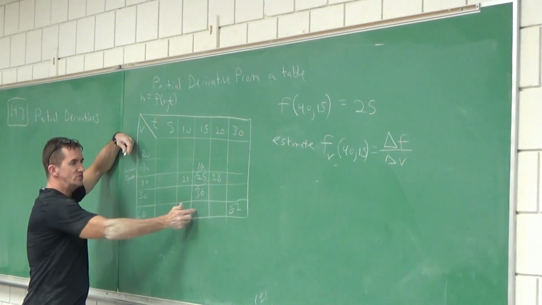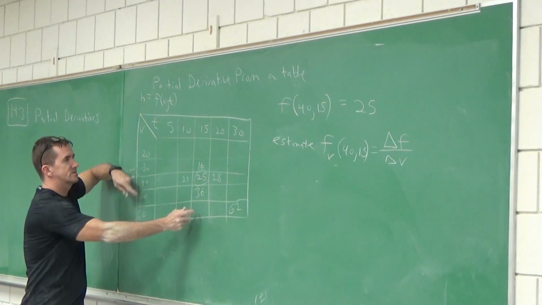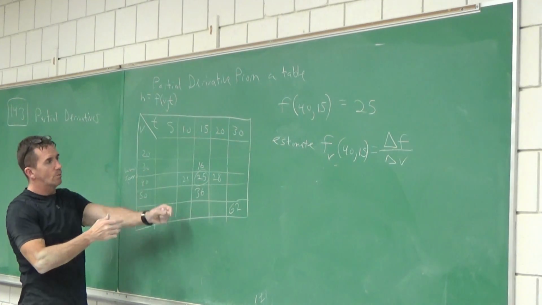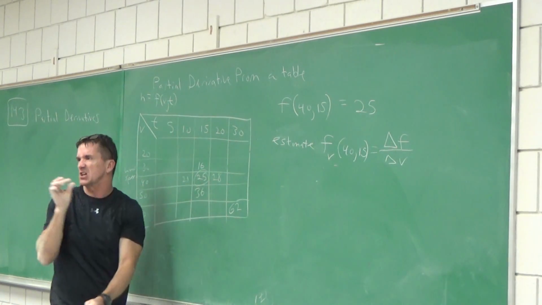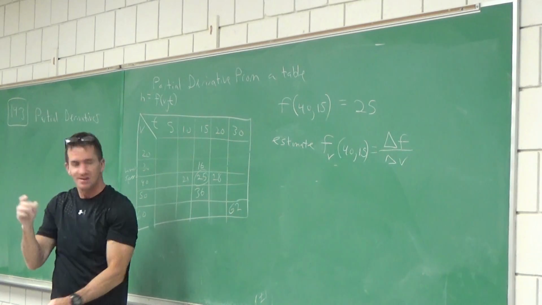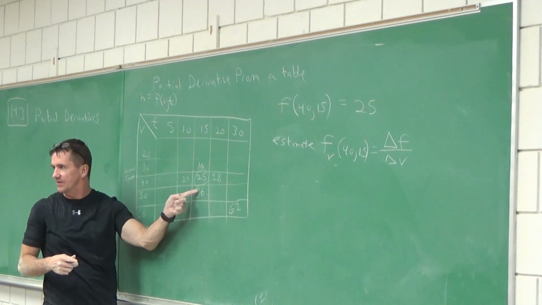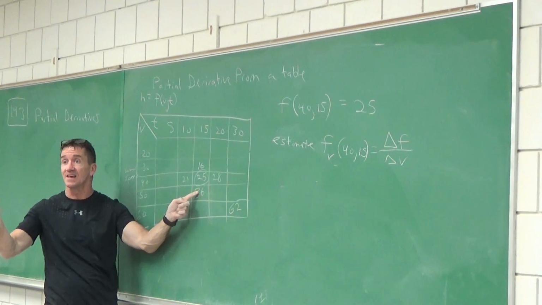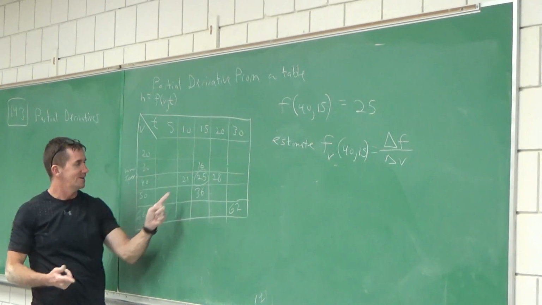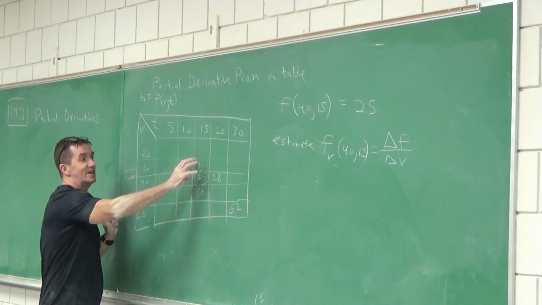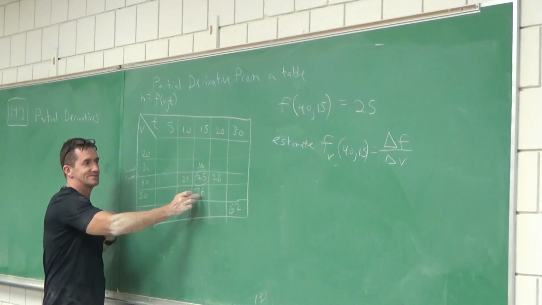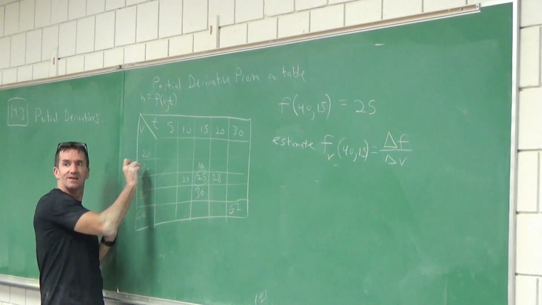So, should I use numbers like this, this, and this, and the number over here? When you're trying to estimate it at a point, use the closest numbers possible, right? What are the closest numbers I see to that 25? The 36 and the 16. So I'll do change in F, these are the heights, over the change in the V's.